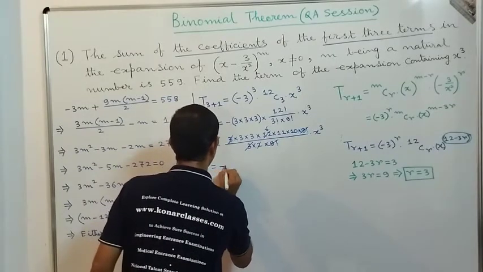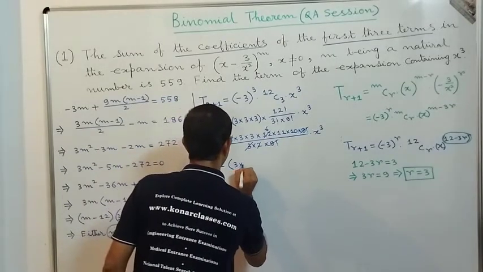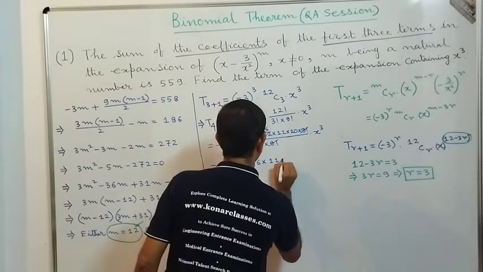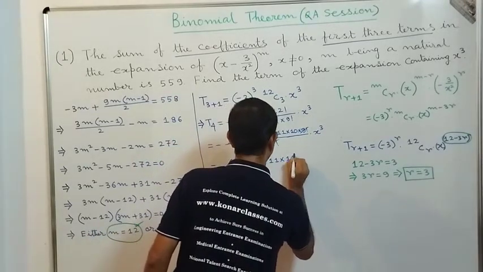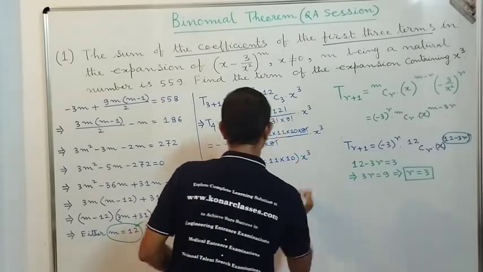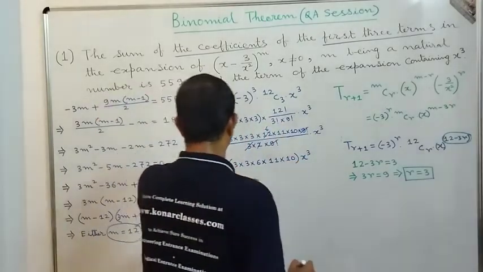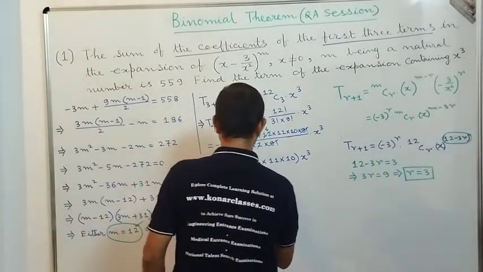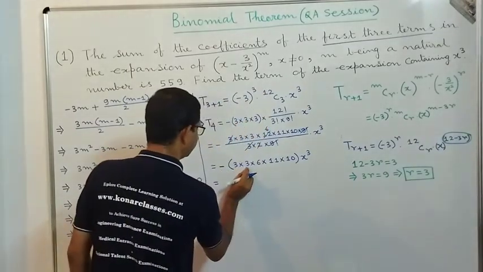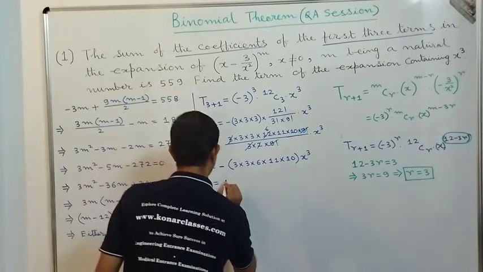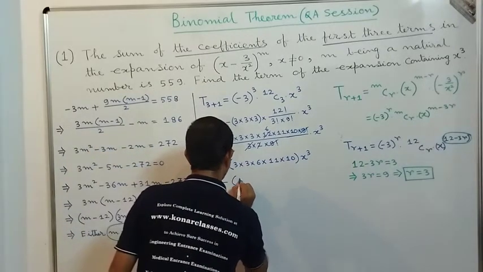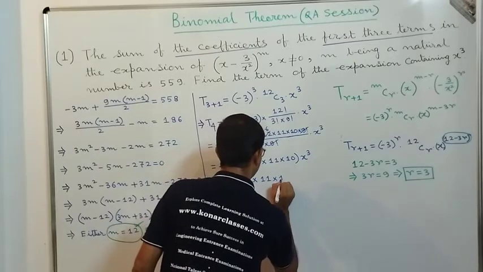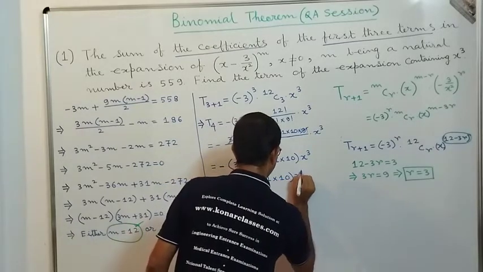So what is the value we are getting? Minus 3 into 3 into 6 into 11 into 10 into x to the power 3. So 3 into 3 is 9, 9 into 6 is 54. So minus 54 into 11 into 10 into x to the power 3.